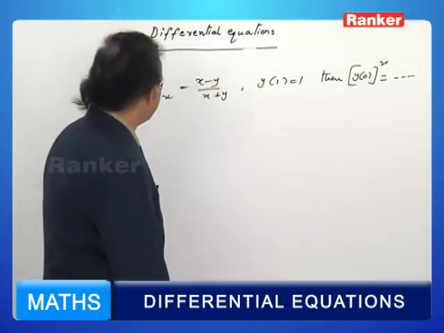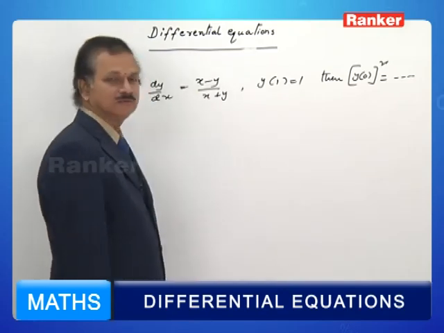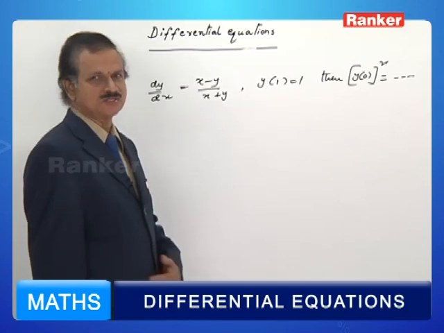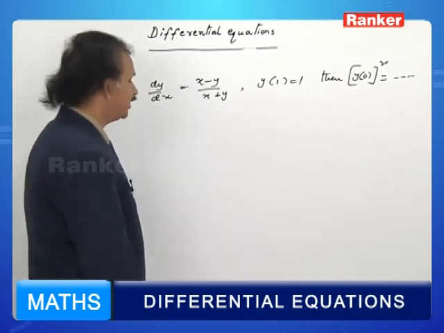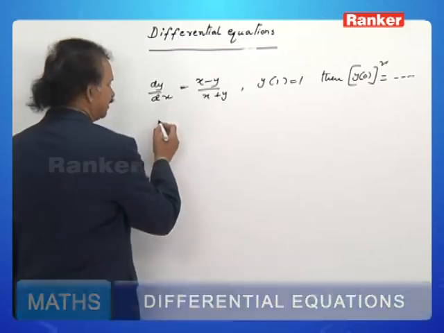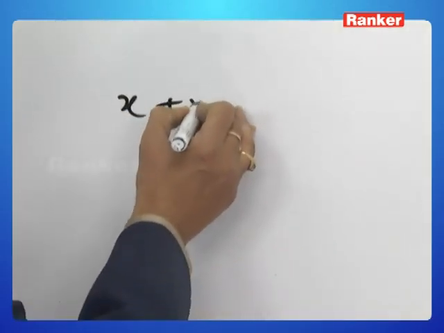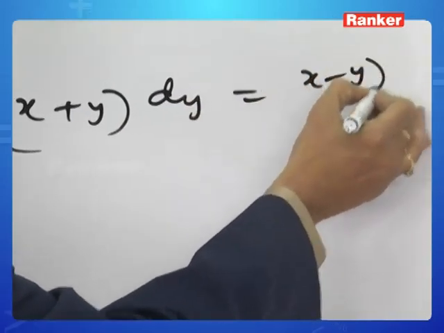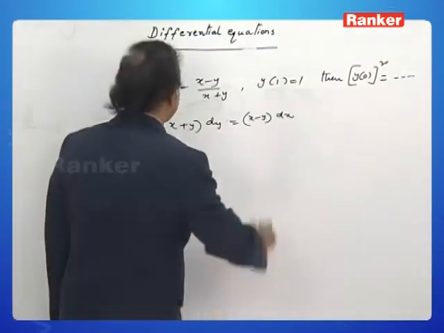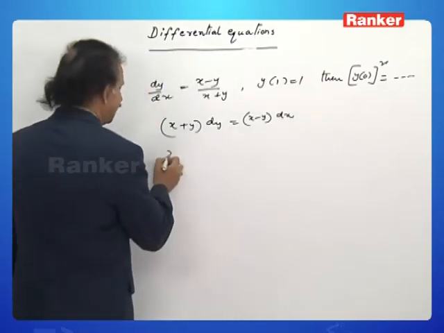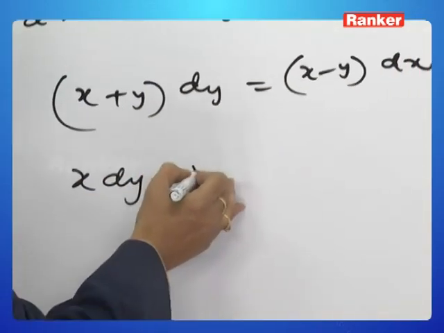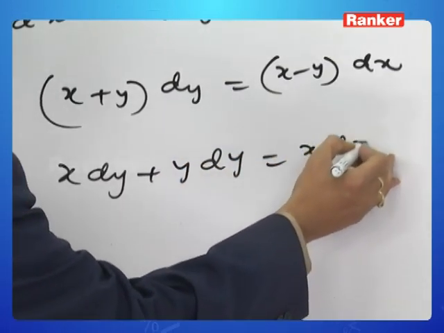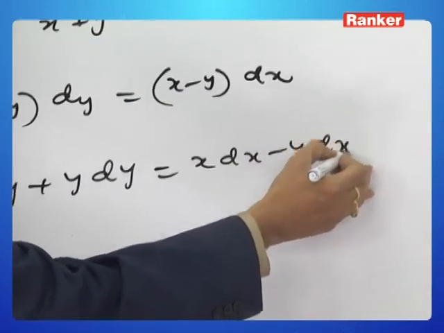Actually speaking, this looks like a homogeneous function, and you need not proceed in that way of that homogeneous method. But we can do like this. Cross multiply: x plus y dy is equal to x minus y dx. x dy plus y dy is equal to x dx minus y dx.